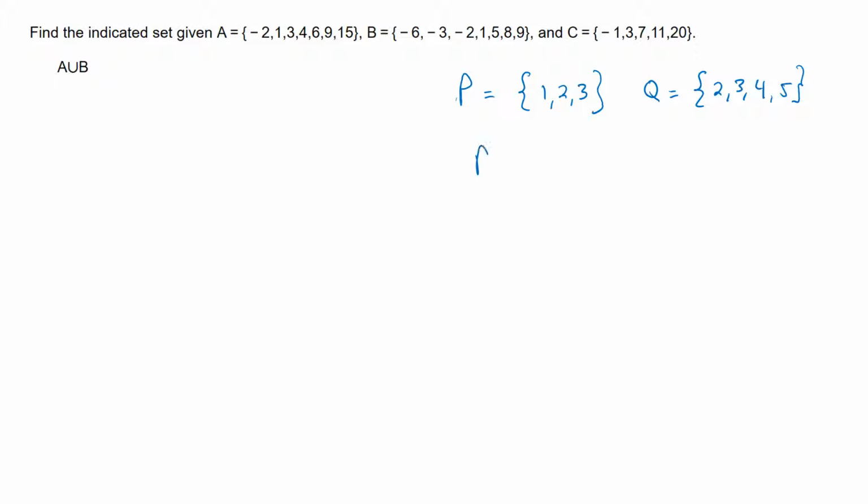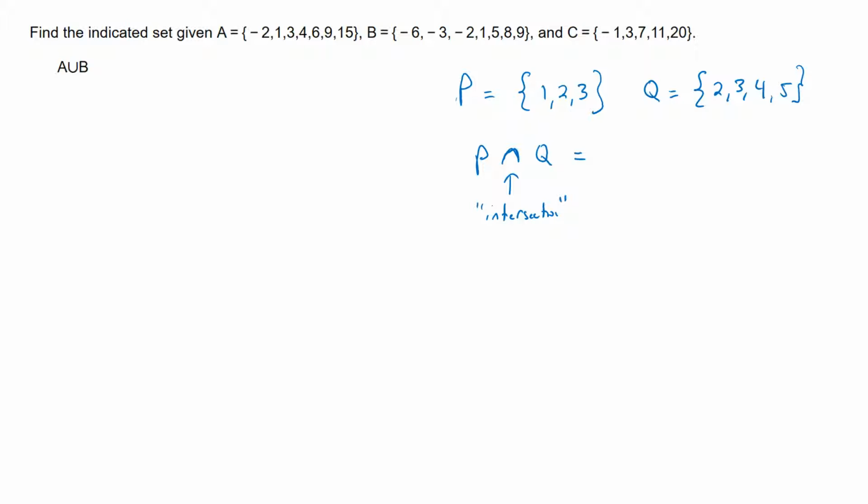If we wanted P intersection Q, okay, this upside down U looking symbol is read as intersection. We would read this out loud as P intersection Q. This wants me to identify the elements where the two sets intersect.